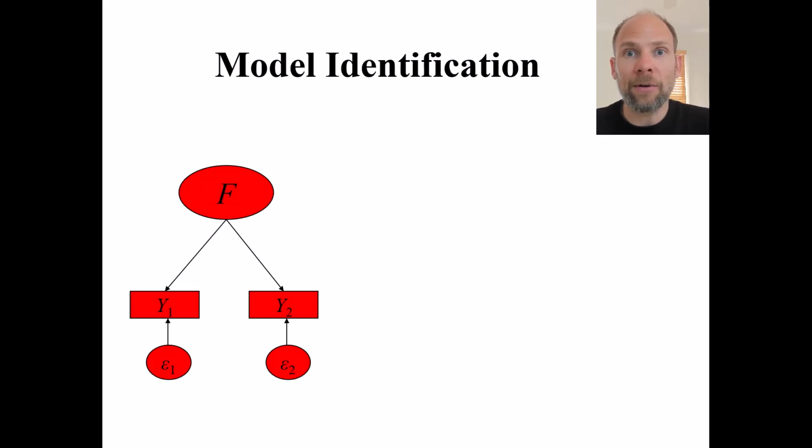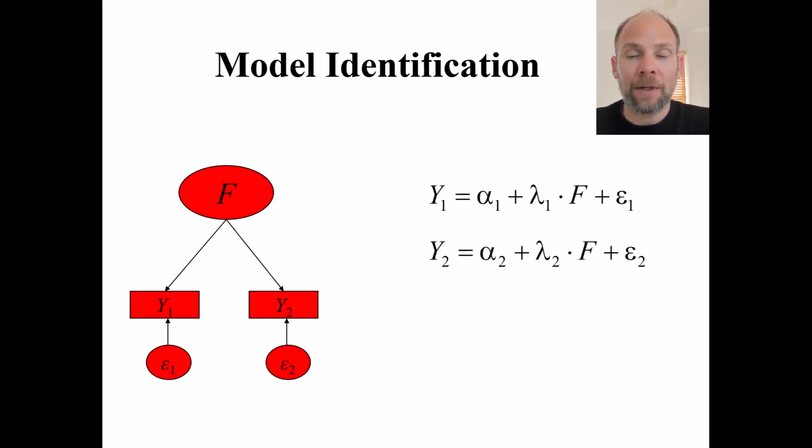So let's take a look at this example here in more detail, and let's see what parameters are in this model and how we can identify those, how we can find the information for a solution, to find a unique solution for those model parameters. First of all, let's take a look at the measurement equations that are implied by a factor model like this.